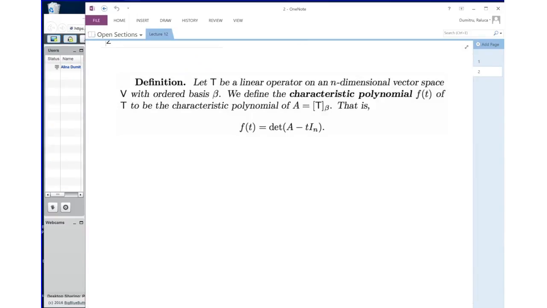Here's the idea. That's the definition here. If you start with a linear operator, by the way, a linear operator is, by definition, a transformation of a space into itself. So from V to V, then it's called a linear operator instead of a transformation. Write this down.